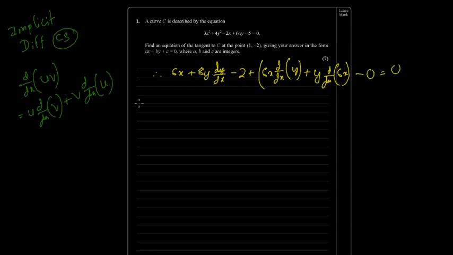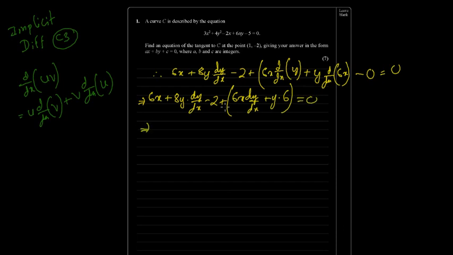I'll try to write a bit smaller here. So 6x plus 8y dy by dx minus 2, plus inside the bracket, 6x, derivative of y is dy by dx, plus y, the derivative of 6x is 6, bracket closed, and everything else is 0.